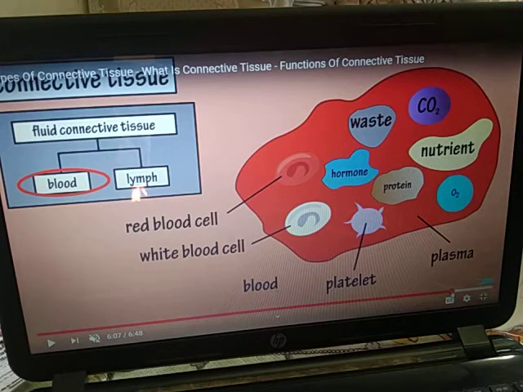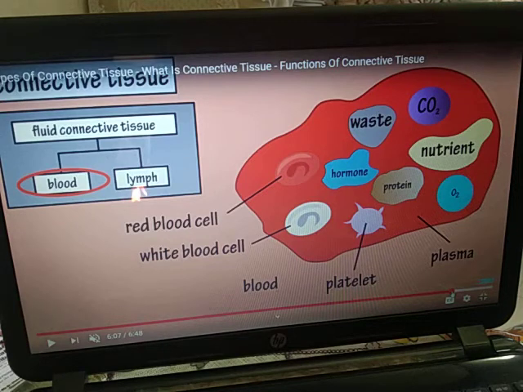Then we have RBCs, that is red blood corpuscles, and platelets. And the plasma contains proteins, salts, and hormones also. The plasma contains these hormones which fulfill various functions in our body.